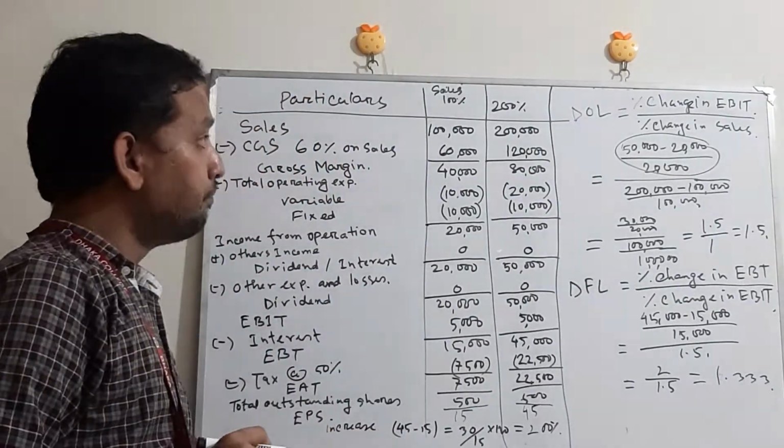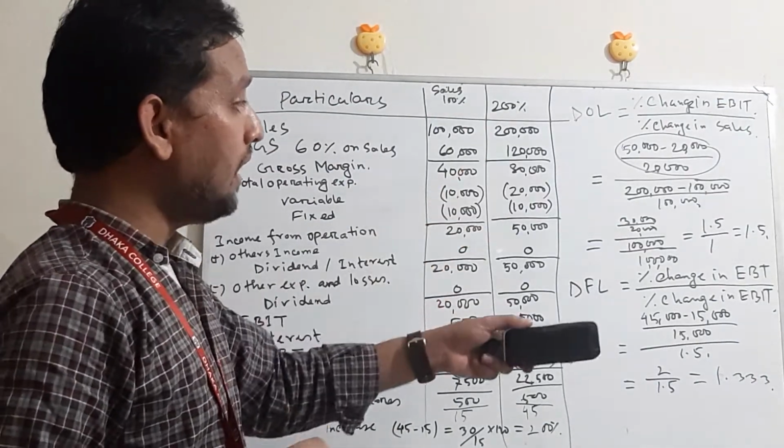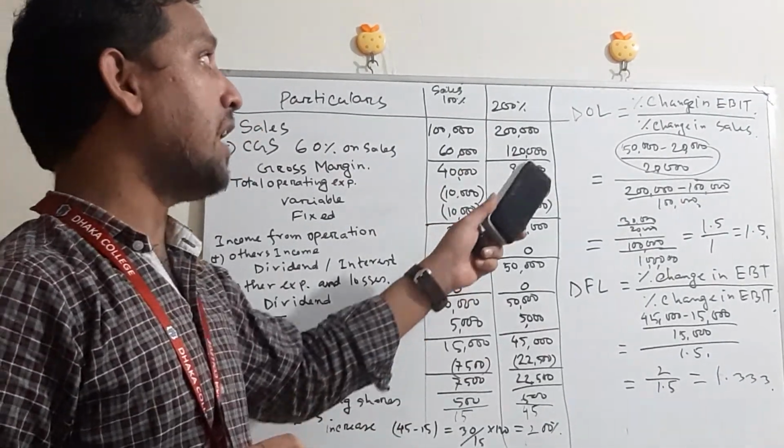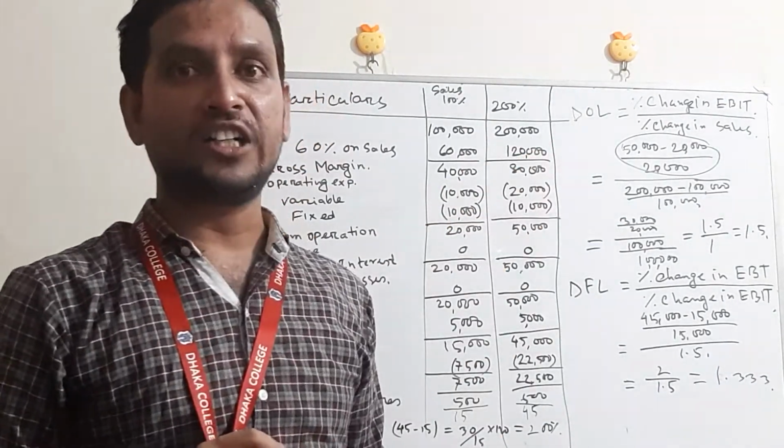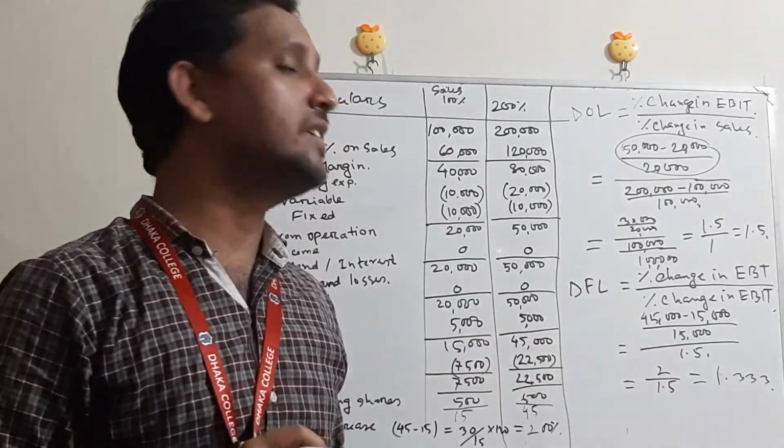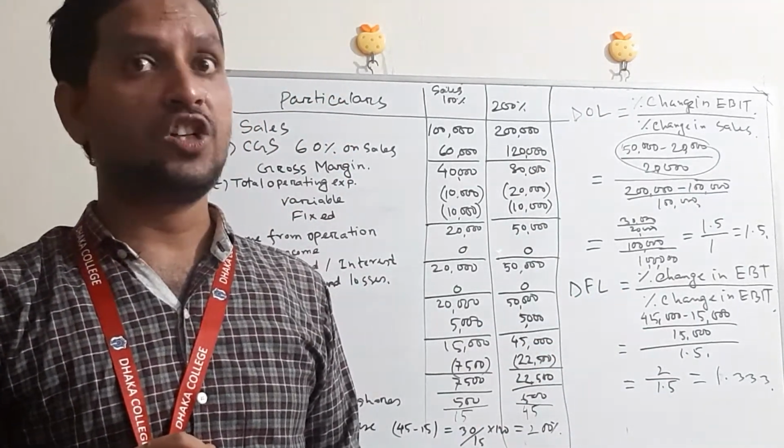Okay, here DOL and DFL: degree of operating leverage, and the second one is degree of financial leverage.